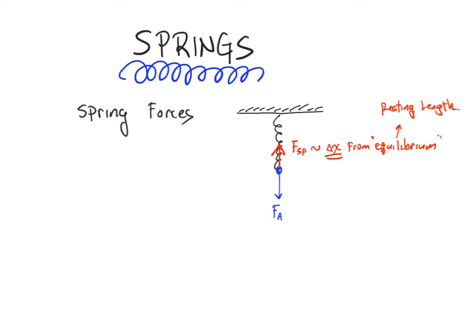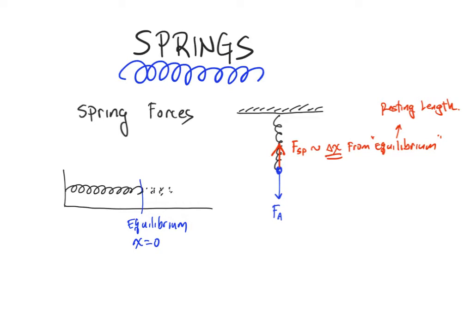Another way we could think about it is I could imagine having a horizontal spring like this. And if this point right here is the equilibrium point, and I call that x equals 0, and then I go ahead and pull the spring out to a new position out here, so this will be some new position x, there's then been a delta x here.